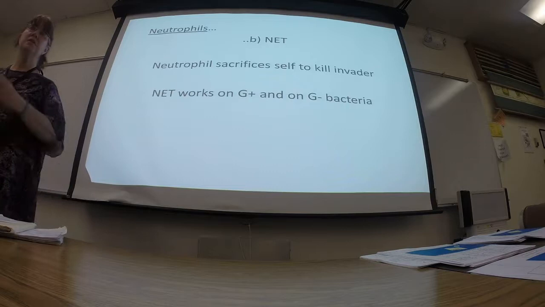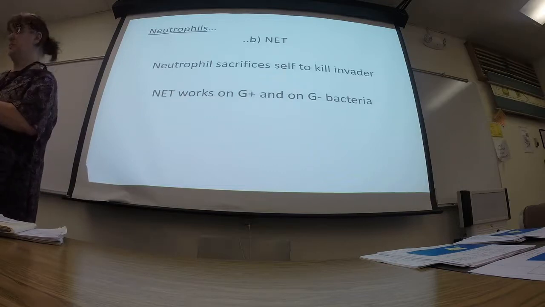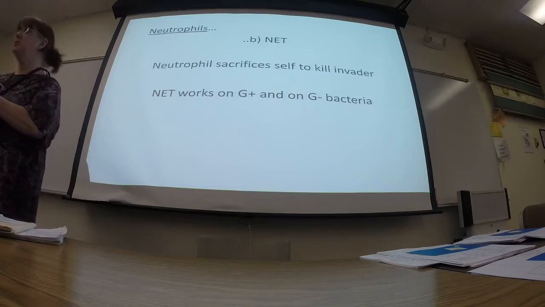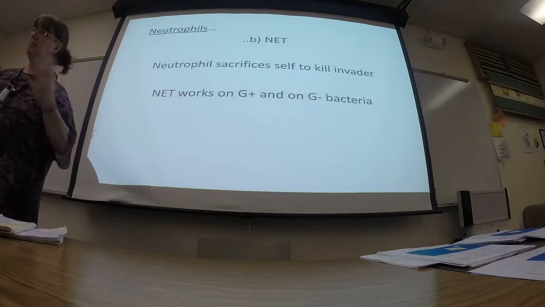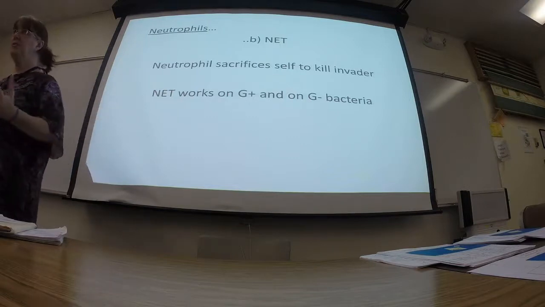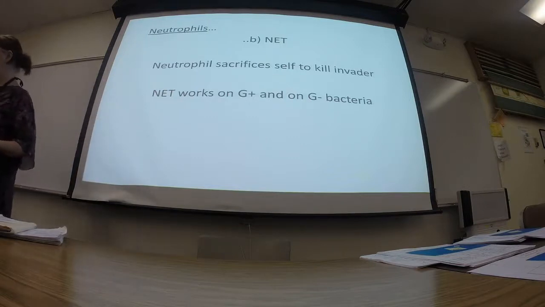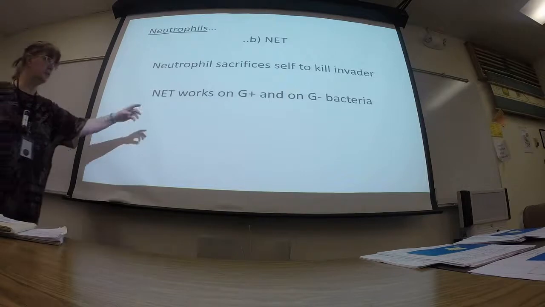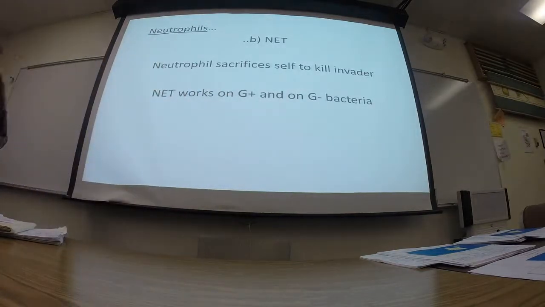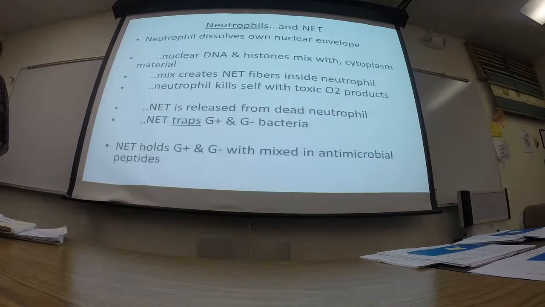They use the DNA from their nucleus. How much more DNA is that? It is huge on a microbiology scale. So they release all the DNA from their nucleus out into the environment, trap everything. What is it going to trap? Whatever's in there, unless it's big enough to get through, like a worm. And it's going to kill.